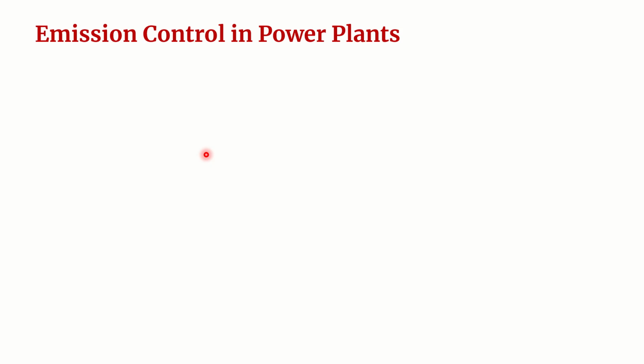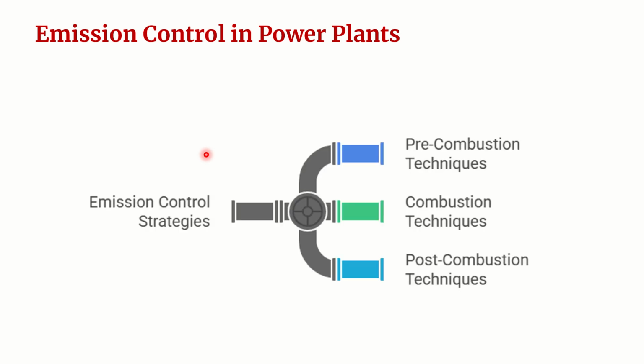Emission control in power plants. So the power plants, particularly those burning fossil fuels, are the major sources of atmospheric pollutants. So emission control strategies are broadly categorized into pre-combustion techniques, combustion techniques, post-combustion techniques.